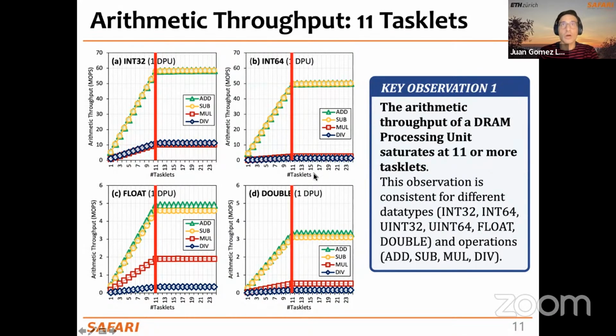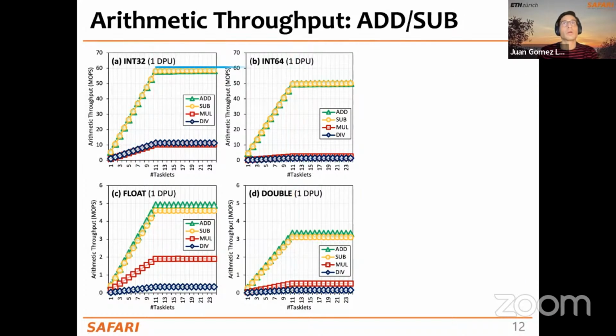So the maximum arithmetic throughput that we can achieve inside a DRAM Processing Unit is at 11 or more tasklets. This observation is consistent across data types and across operations, as you can see in the slide.